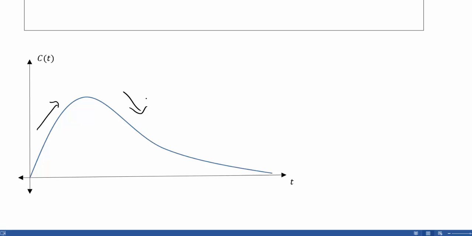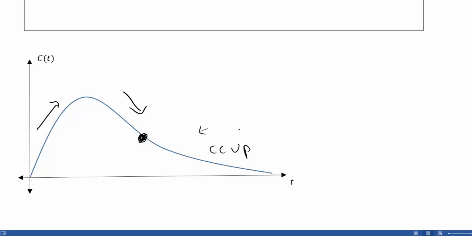So there are two important points here that we're really interested in: the global maximum and the inflection point. Notice here that we have an inflection point. To the left of the inflection point, we're concave down. To the right of the inflection point, we're concave up. Which means that once we get to the inflection point, the rate at which the drug is leaving the body starts to slow down.